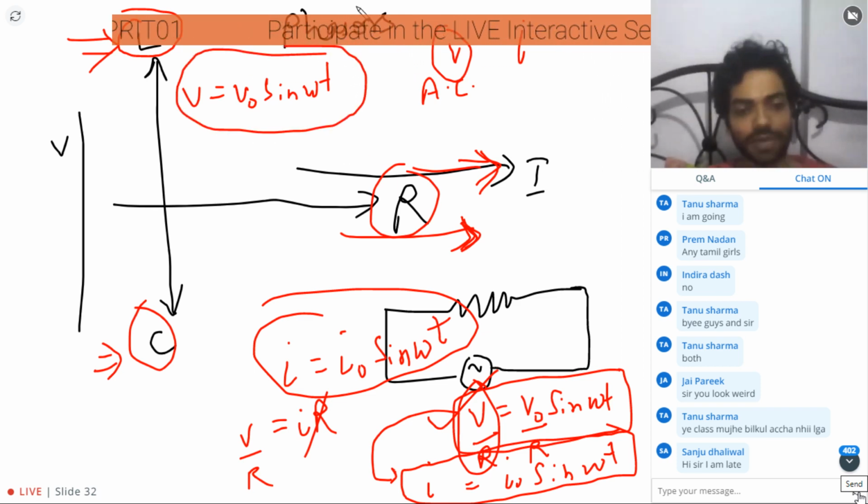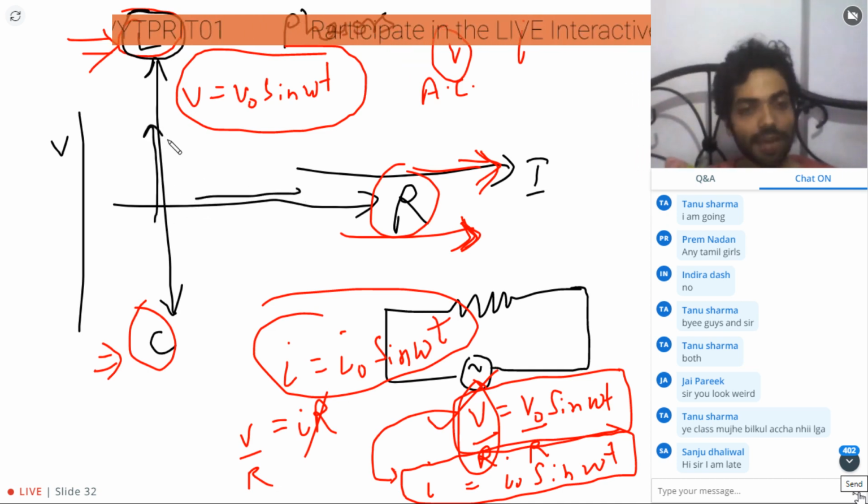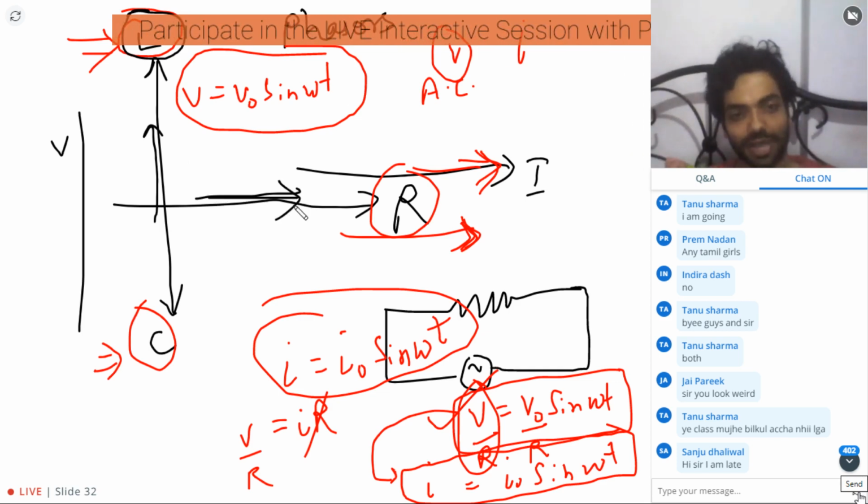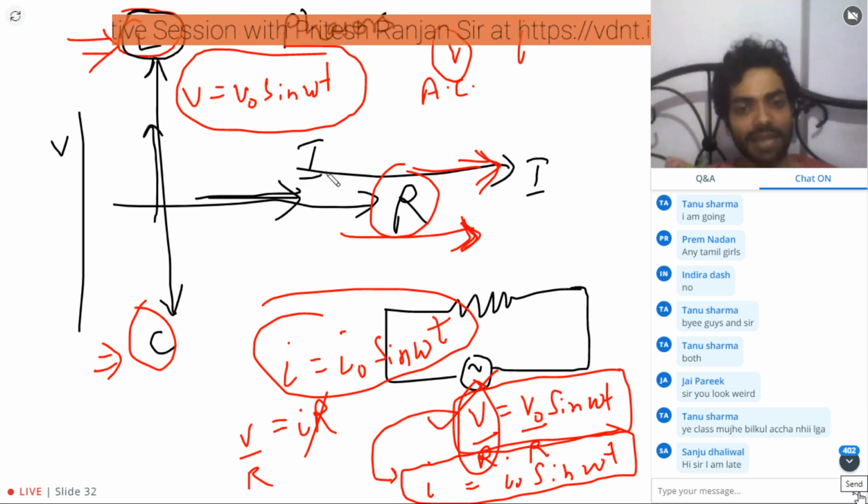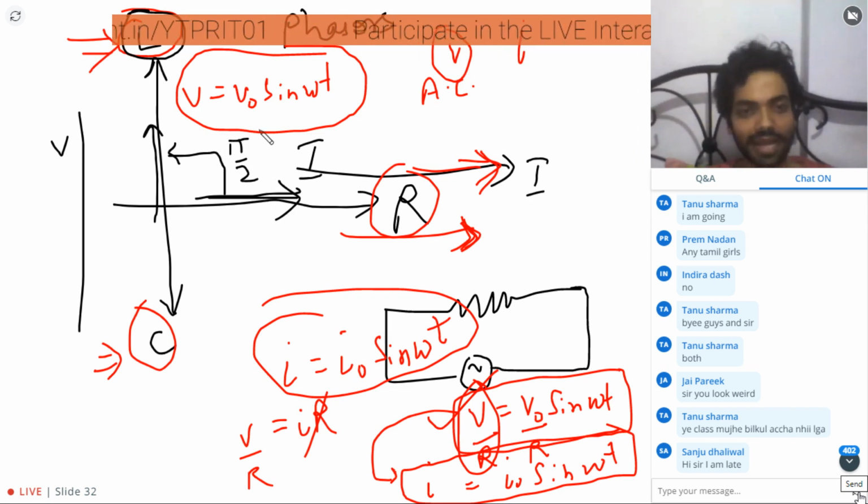Now let us try to get the value of current involved in the L circuit, or the circuit containing only an inductor. You can see here, guys, the inductor is in the upward direction and current is to the right. So you can observe that current is lagging behind the voltage by an angle of pi by 2. This is the lag, guys.